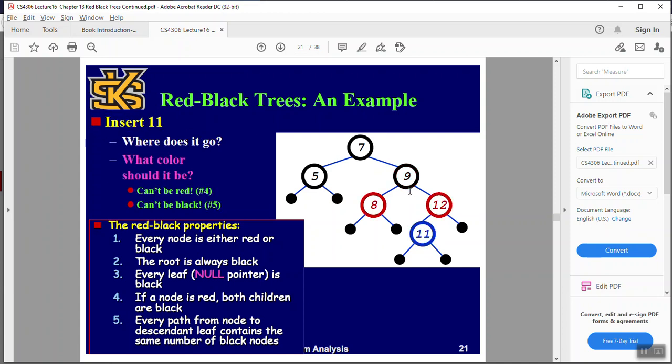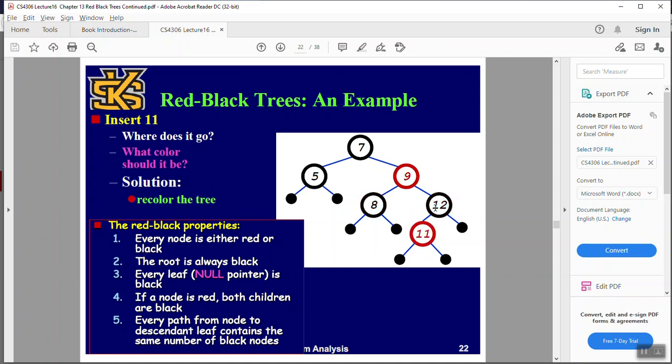Then what will happen? Previously 8 and 12 were red. Since we are making 9 red, we cannot keep 8 and 12 red, so we need to make them black. So now let us see how many black nodes are here: 2, this side 2, this side 2. So then problem 5 is solved, right?